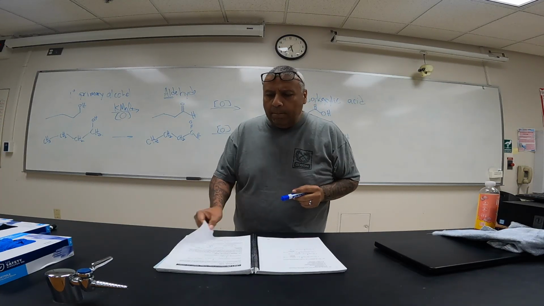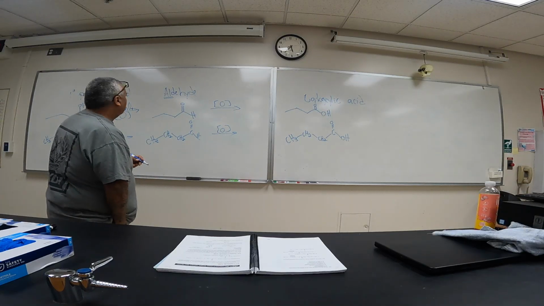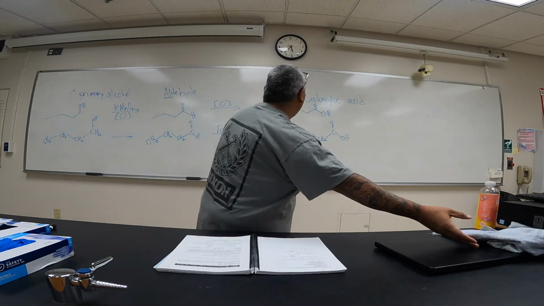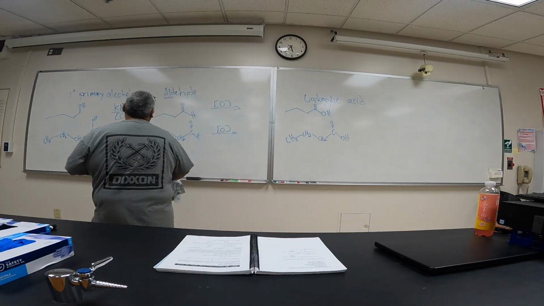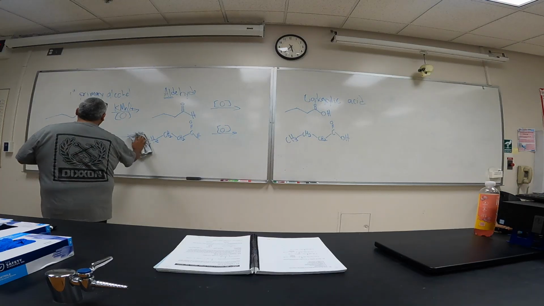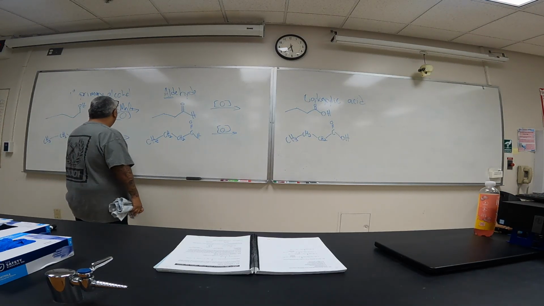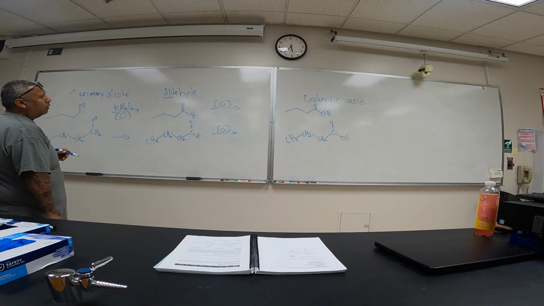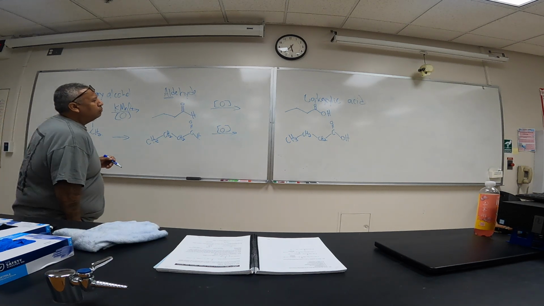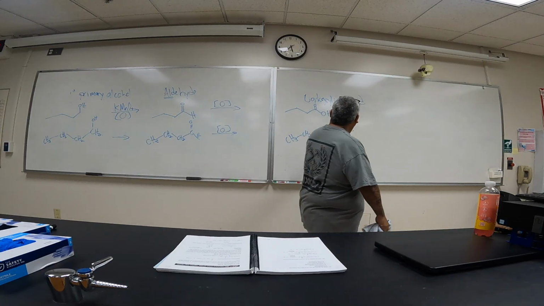Right? So let's start naming these carboxylic acids. First, I'm going to write a new reaction on the board, or maybe I'll just use this part underneath here. Carboxylic acid.